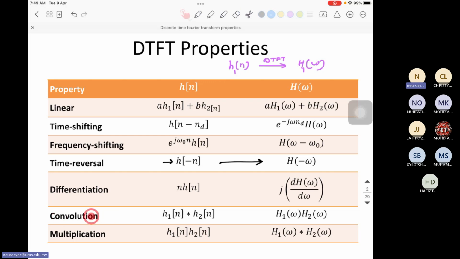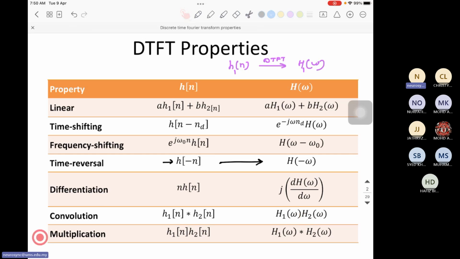Then the next property is convolution. If the H1 signal is convolved with the H2 signal in the time domain, then in the frequency domain it is basically multiplication. So we will directly multiply H1 omega with H2 omega.